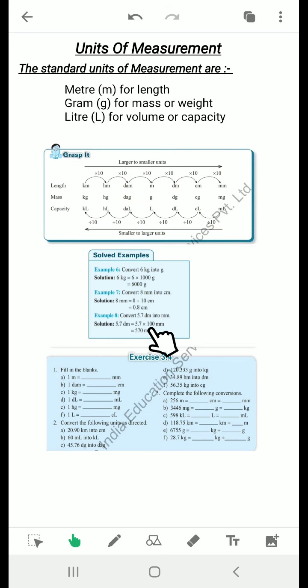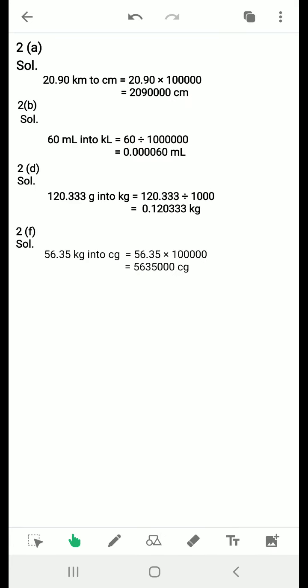Here the number of zeros is 2, so we will shift the point 2 places. But we have only one place, so we will put a 0 there. So now try to solve the first question. This is fill in the blanks. From the second question, a few I explained on the next page. You can see these solutions and try to solve the other questions.